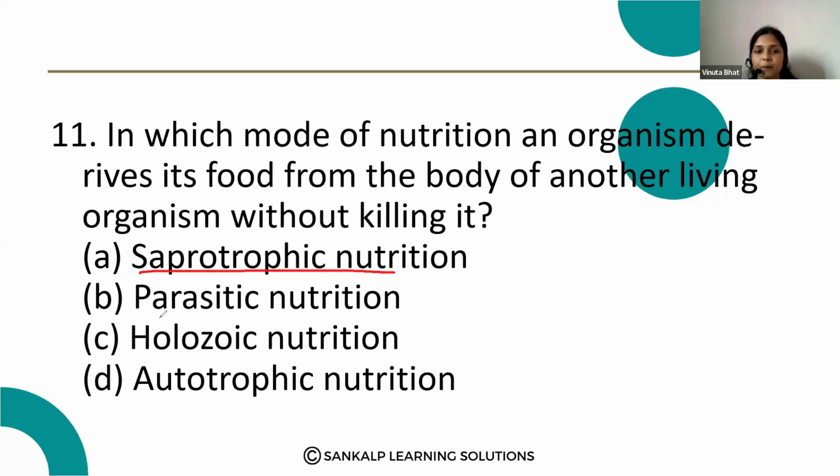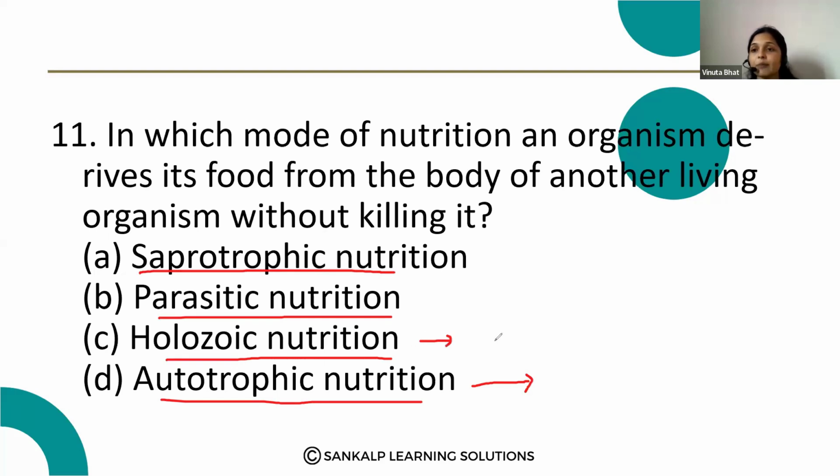Saprotrophic nutrition, parasitic nutrition, holozoic nutrition, autotrophic nutrition. You know the meaning of autotrophic nutrition, where the food is prepared by their own. Holozoic nutrition, so they will grab the food which is present outside their body.